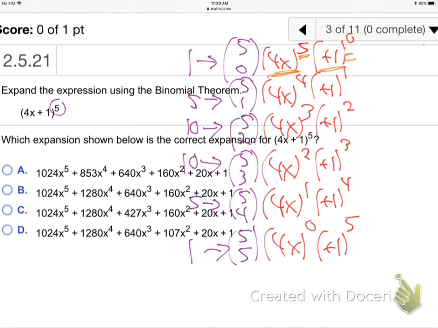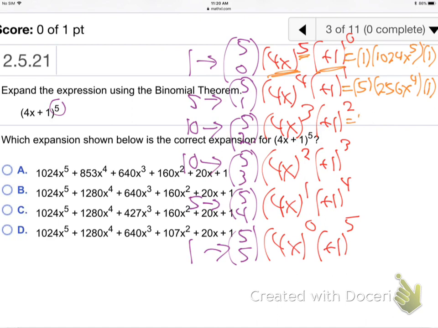So it's 1 times 1024 x to the 5th times 1. It's 5 times 256 x to the 4th times 1.